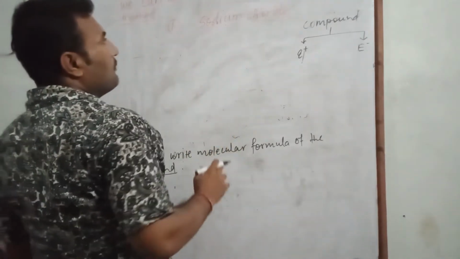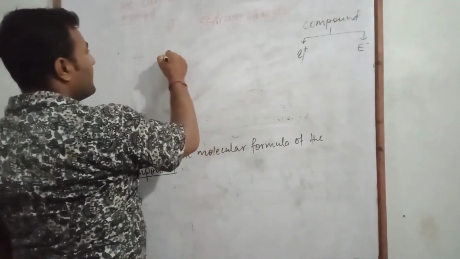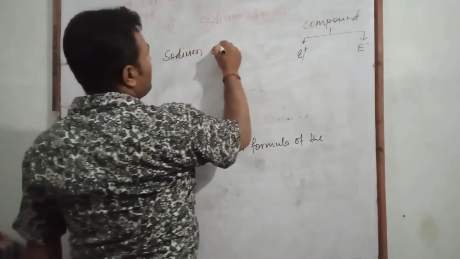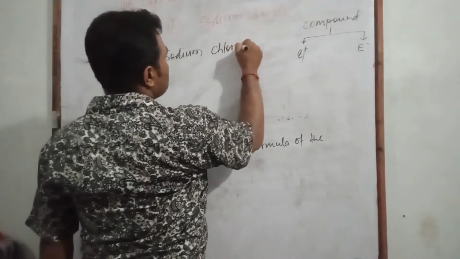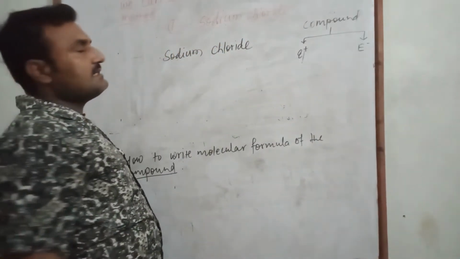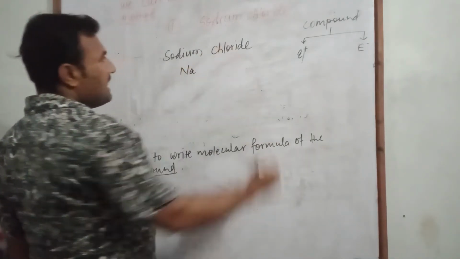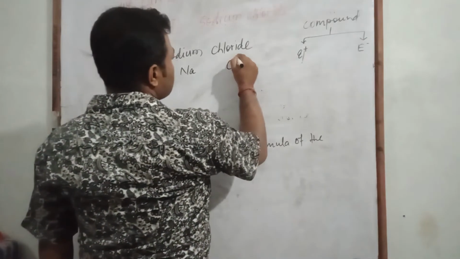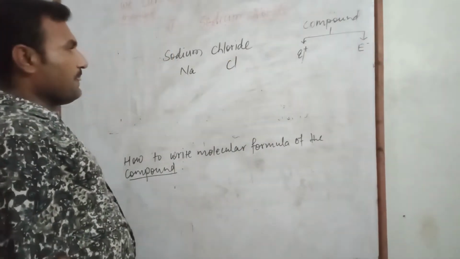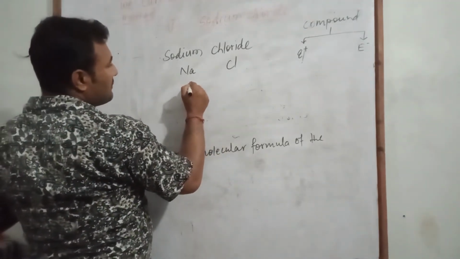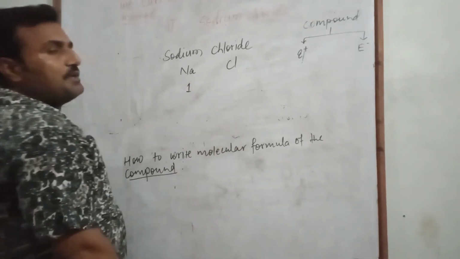While writing a molecular formula, at first we identify the radicals present in it. So sodium and chloride are the radicals here. Sodium is represented by Na, chloride is represented by Cl, and we know that the valency of sodium is 1. How do we know that?